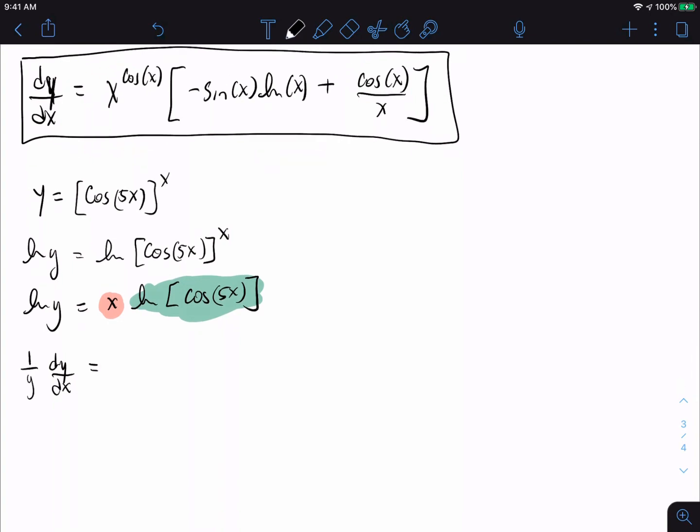The derivative of x is 1 times ln of cosine of 5x plus x. The ln piece is going to make it 1 over cosine of 5x, correct? But then what is the derivative of cosine? Isn't that negative sine of 5x? And then what is the derivative of the 5x? It's 5.